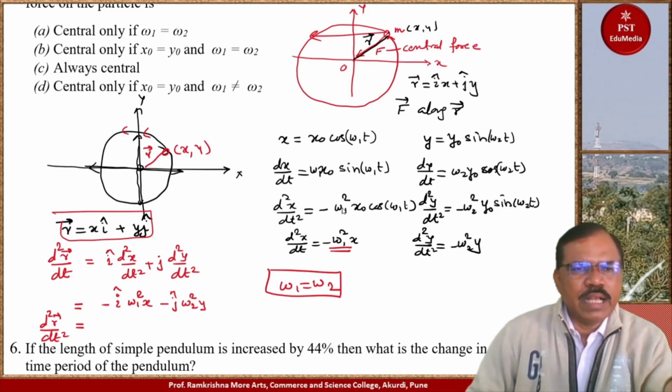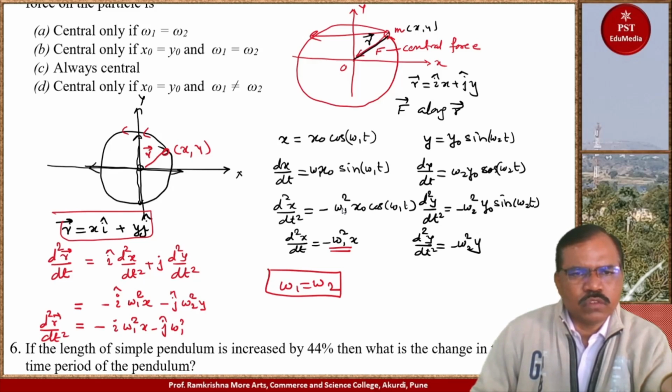So if we take omega 1 equal to omega 2, I will get minus i omega 1 square x minus j omega 1 square y. So I can take omega 1 square common: omega 1 square (ix plus jy).